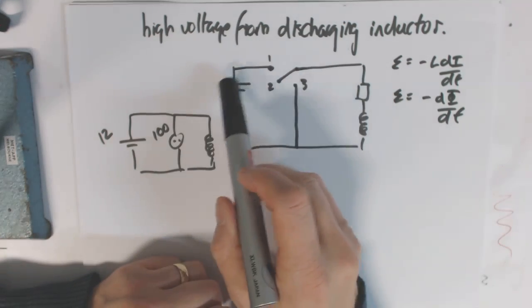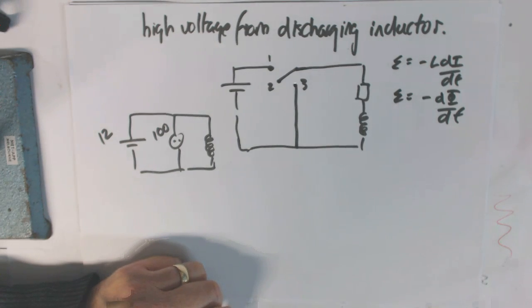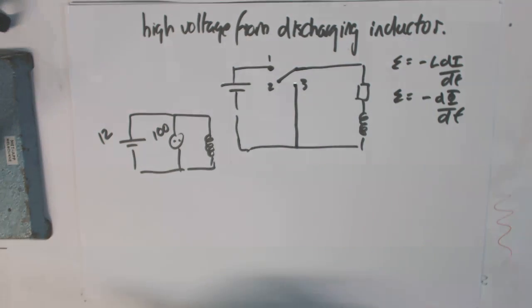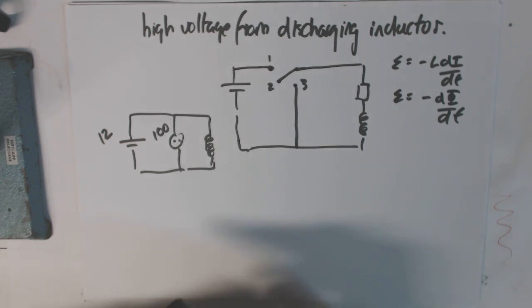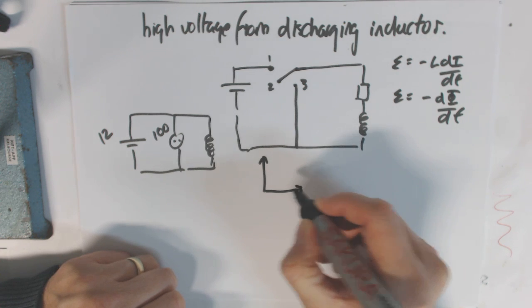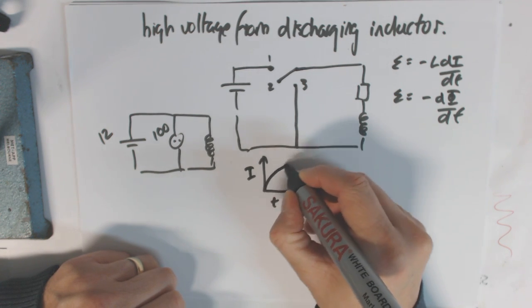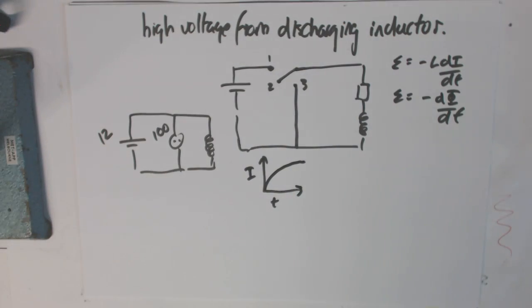So when it's connected in the 1 position, the inductor has a current flowing through it. The curve will have been, when it got charged up, like that, the current gradually getting up to maximum.